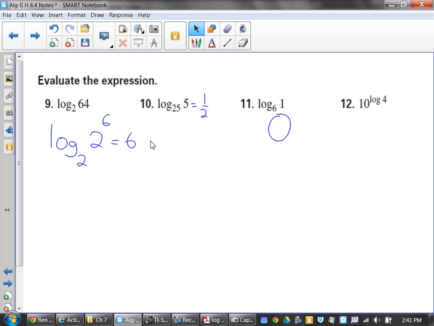And the reason that just becomes 4 is the invisible 10. Gotta watch out for that invisible 10 that jumps out. Standard base. Look at you, paying attention today.